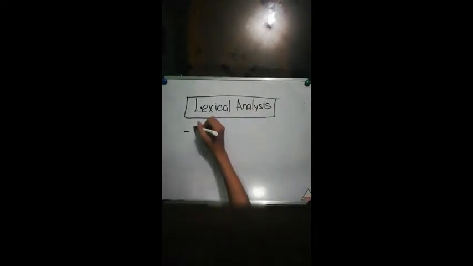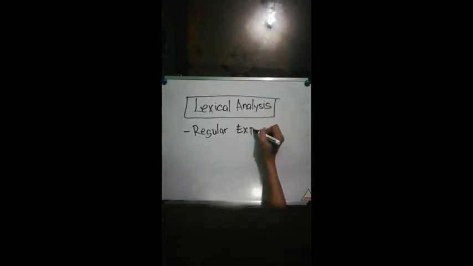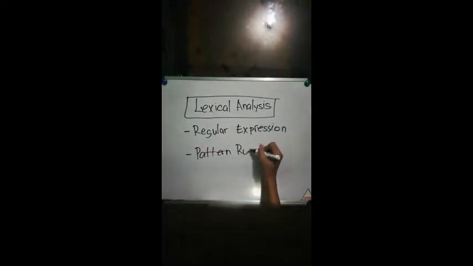But a lexical analyzer cannot check the syntax of a given sentence due to the limitation of regular expressions. Regular expressions cannot check balancing tokens, such as parentheses. Therefore, this phase uses context-free grammar, or CFG, which is recognized by push-down automata.